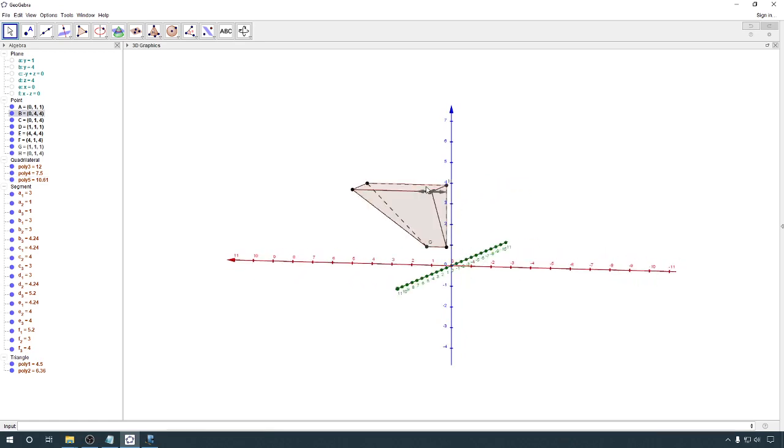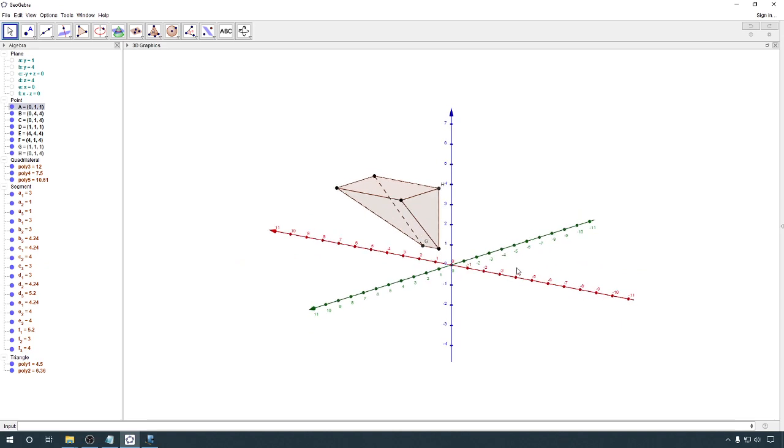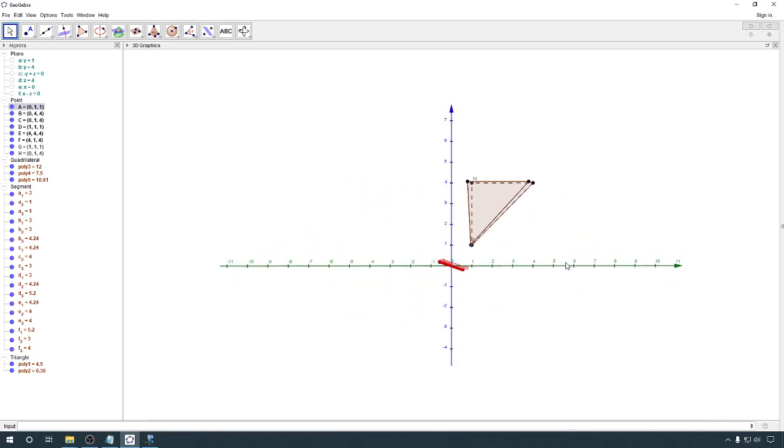We have this region D that's in the YZ plane that is bounded by y going from 1 to 4, and then z going from y. There we go. So we look at it straight on.